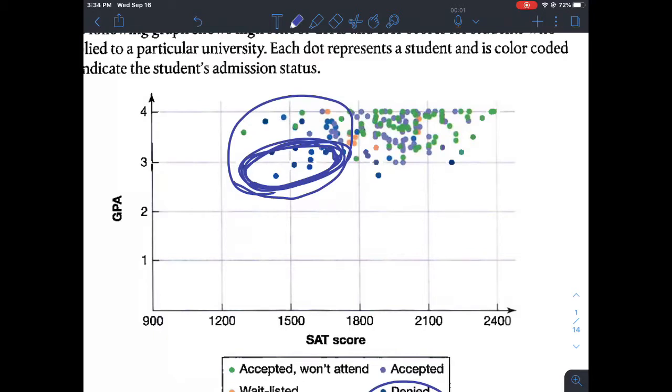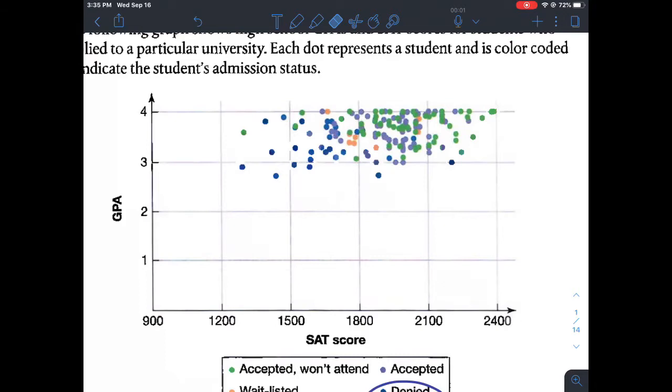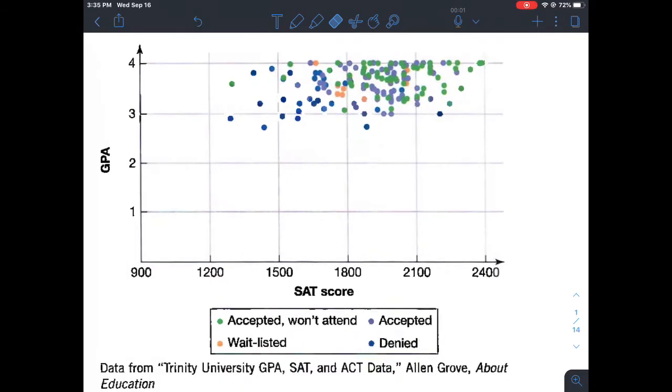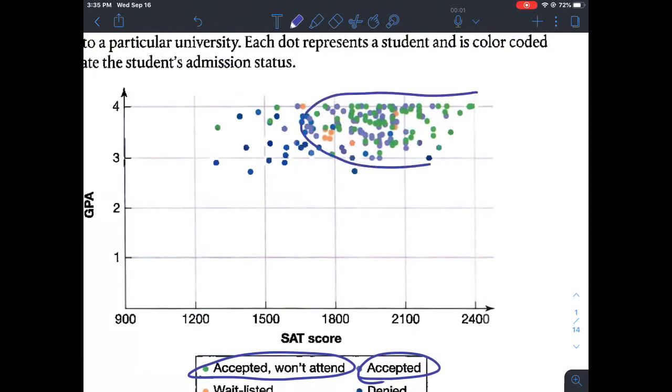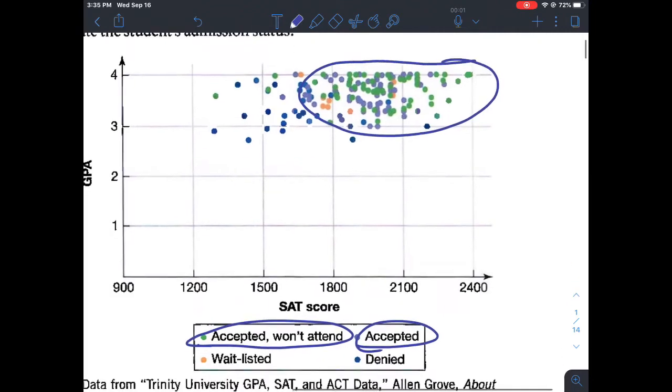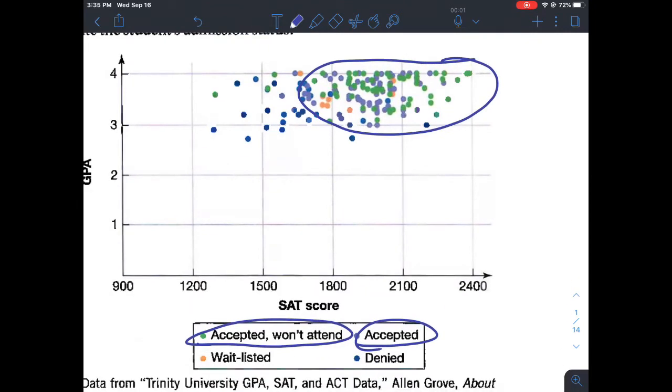Question B, what do the green and purple dots represent and where do they seem to be clustered on the graph? Explain why that makes sense. Are there any green or purple dots that seem to contradict the trend? So I'll erase this. So green and purple dots. So accepted but won't be attending and accepted. So green and purple are pretty much clustered right here. So all of these students were accepted.